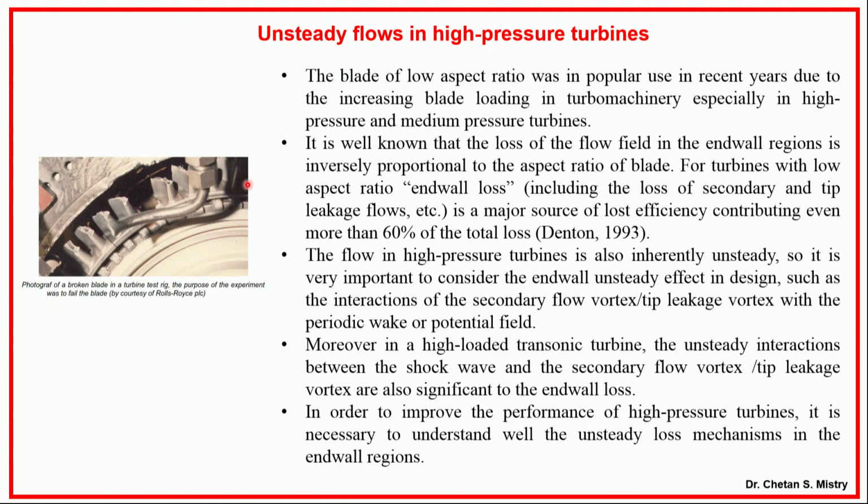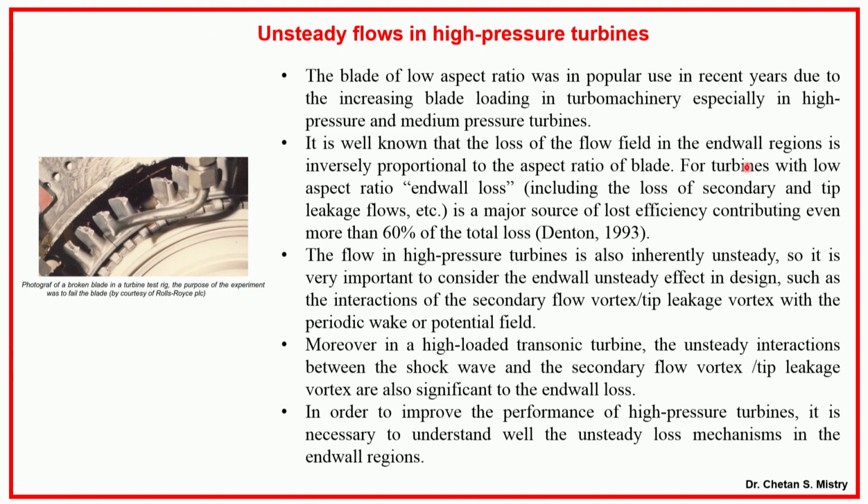Now, let us try to understand what is happening in the case of our HP turbine. Our interest is to have a low aspect ratio blade, intentionally. Suppose this is my HP vane. The end wall flow is inversely proportional to my aspect ratio.